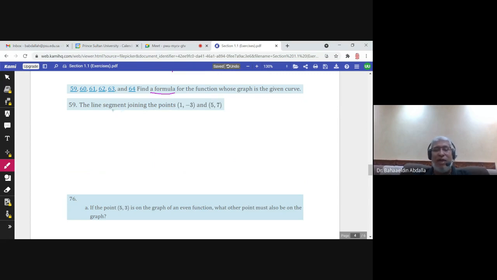Well, if you know 2 points, then the equation of the line is y minus y1 equals m times x minus x1, where m is the slope of the line, delta y over delta x, change in y, which is y2 minus y1 over x2 minus x1. This point has coordinates x1, y1, for example, and this one x2, y2.